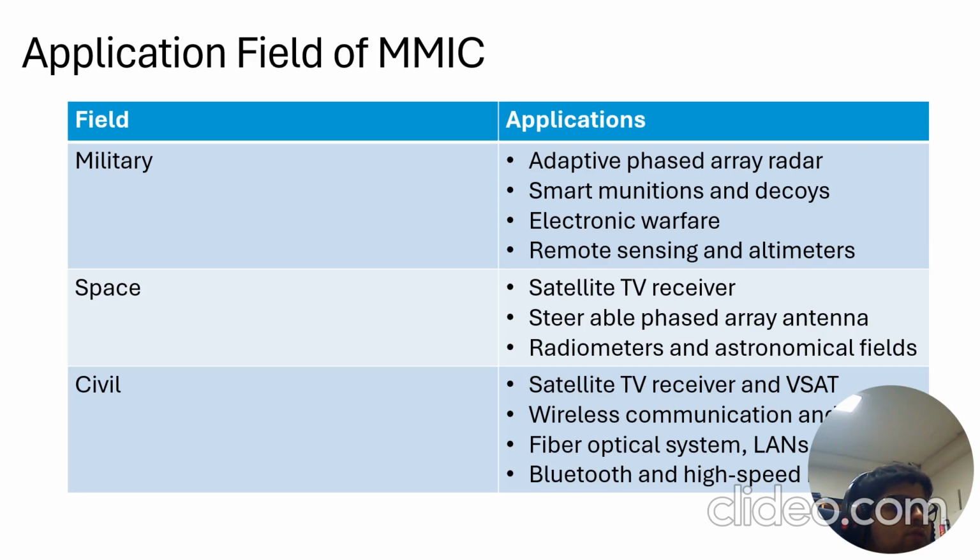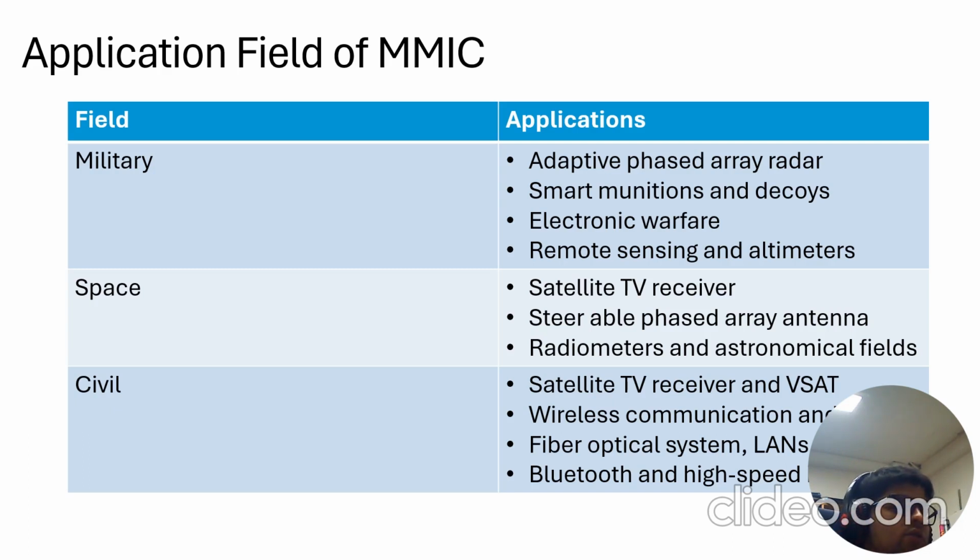Talking about application fields of MMIC, the table shows different types of applications in different fields. In military sectors, it can be used in adaptive phased array radar, smart munitions and decoys, electronic warfare, and also remote sensing and altimeters.